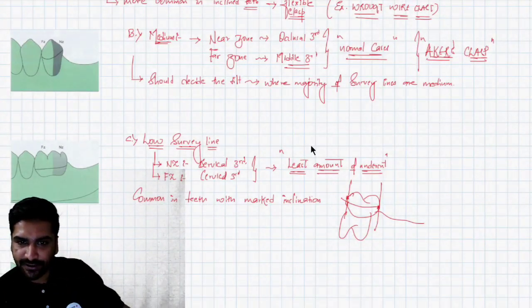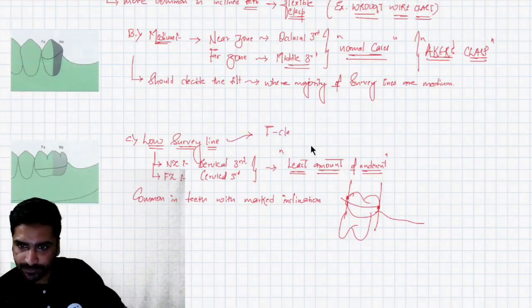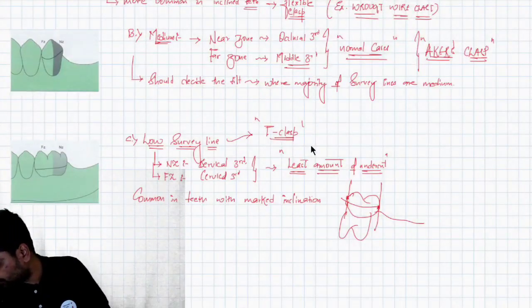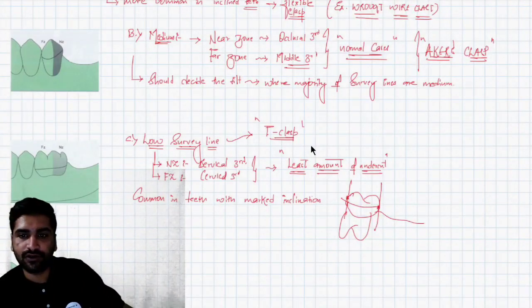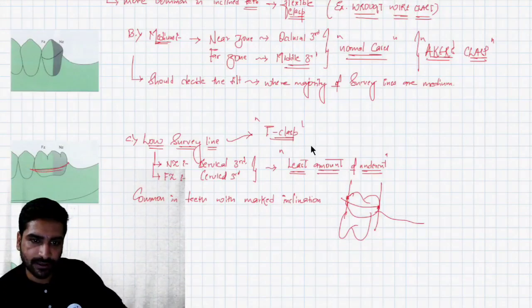So in these kinds of survey lines you use a T clasp or an I bar clasp. Okay, T clasp or an I bar clasp can be used in the cases of low survey line, right? You cannot keep a normal clasp over here. Why?